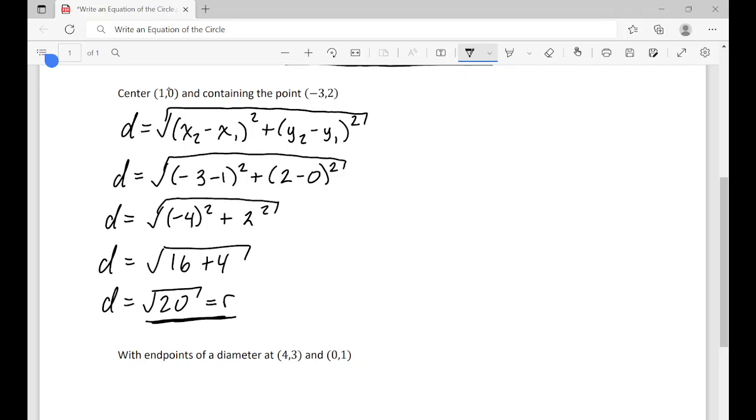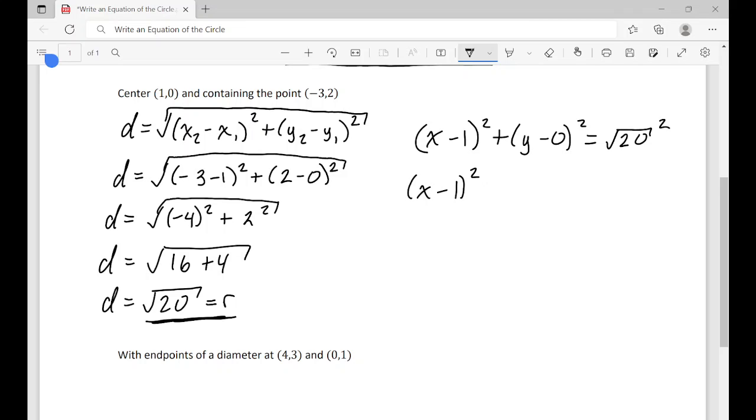So now I can plug in my center, (1, 0) as h and k, and √20 for r. So I'm going to get (x - 1)² + (y - 0)² = (√20)². Now (y - 0)² is going to simplify down nicely.